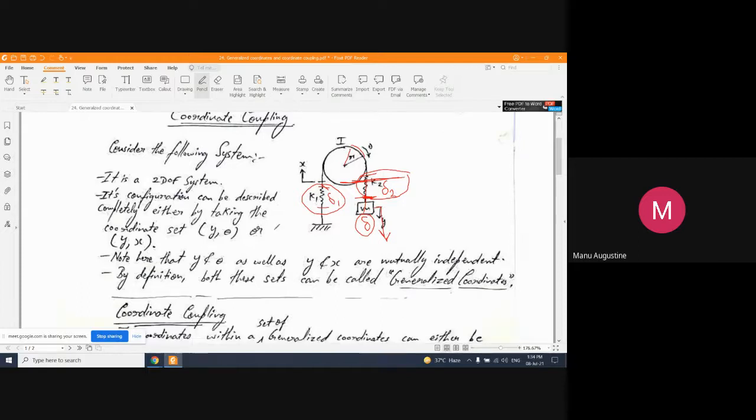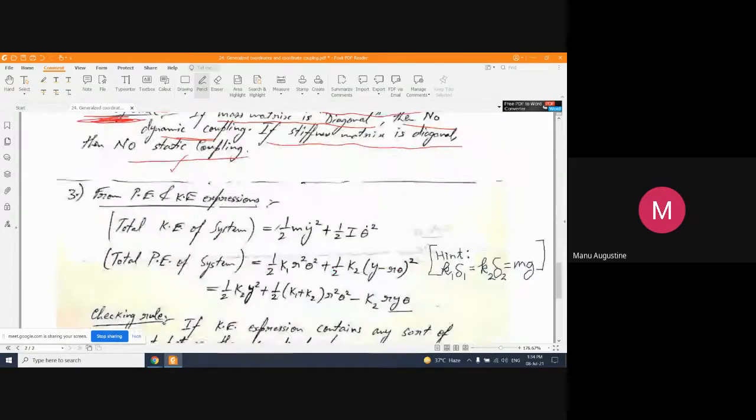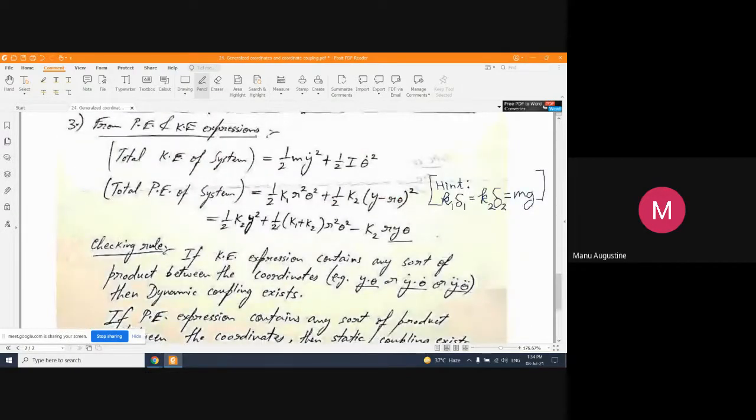What is the potential energy? I leave it as homework and as a rigorous brainstorming exercise to you. The total potential energy of the system will be given by this expression. I have given a hint also, so that you can play with the variables and come up with this expression.